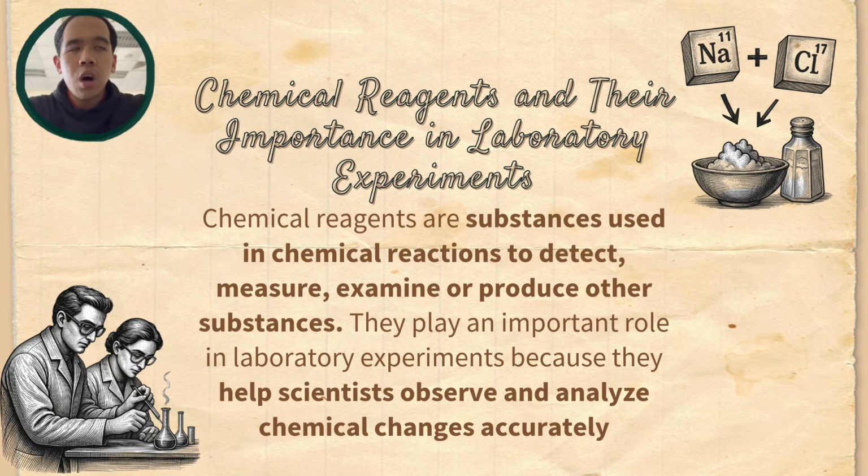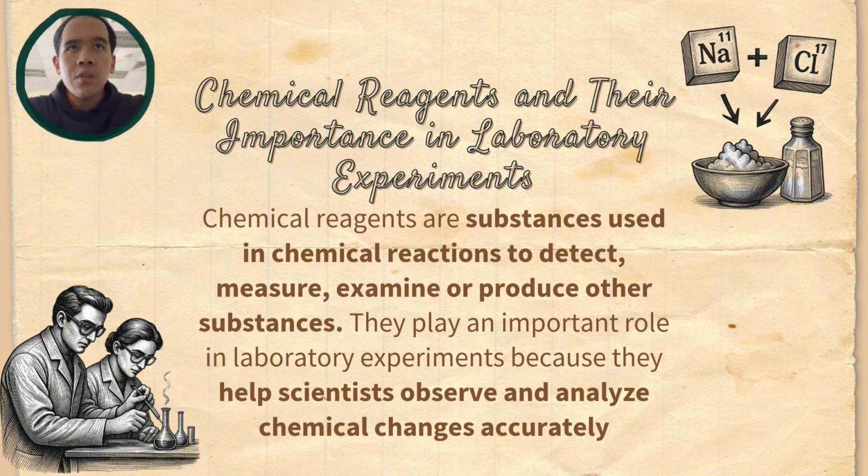My name is Muhammad Firdaus and today I will be presenting part 4 of chapter 3, which focuses on chemical reagents and the conclusion. In this presentation, I will explain 4 commonly used chemical reagents in laboratory experiments, which are hydrochloric acid, sodium hydroxide, phenolphthalein, and Benedict solution.